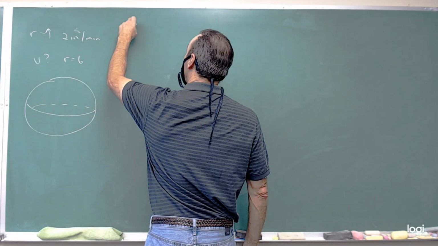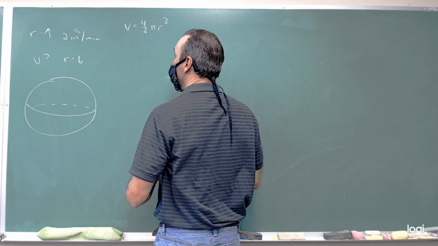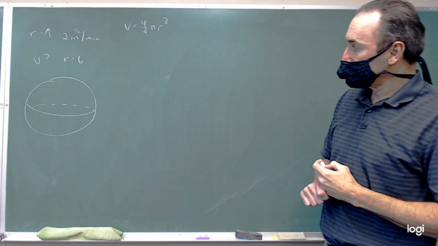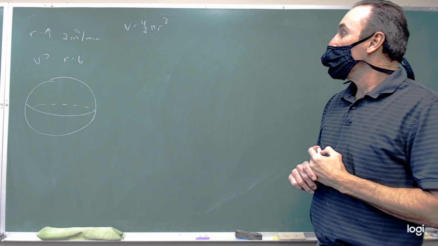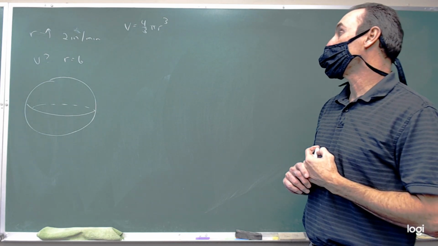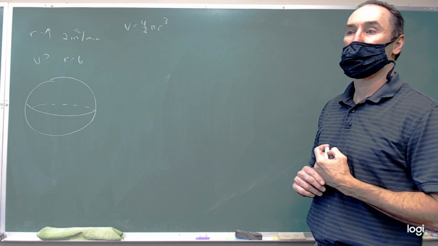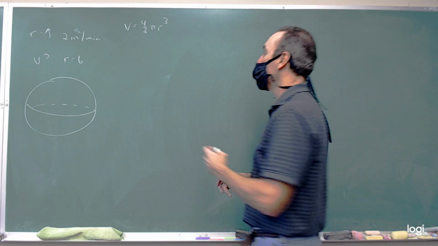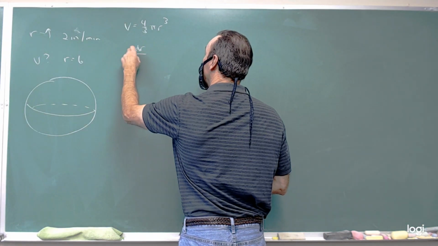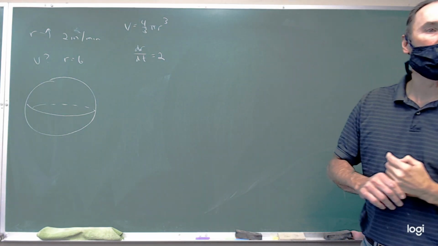We know the volume of a sphere is 4/3 pi r cubed. If they say the radius is increasing at 2 inches per minute, what's that telling us? dr/dt is 2, a positive 2 since it's increasing.